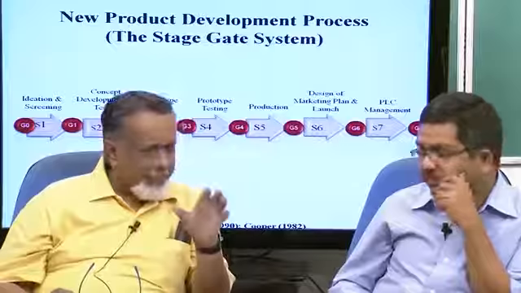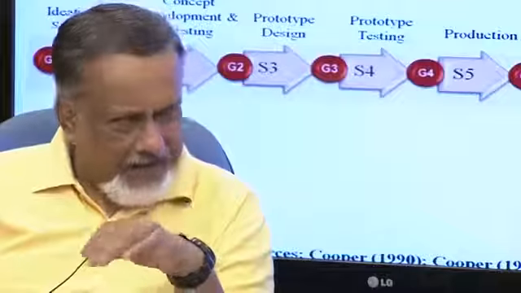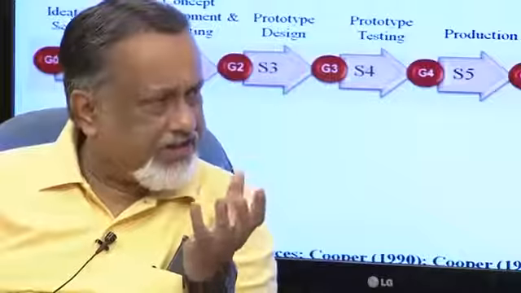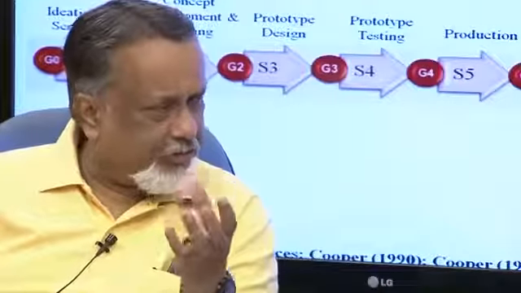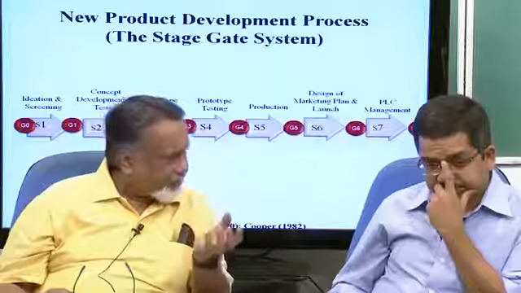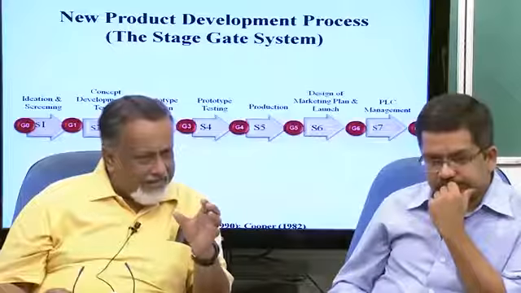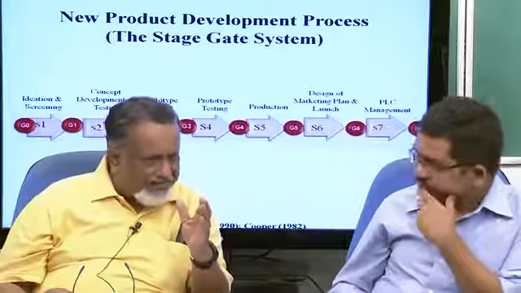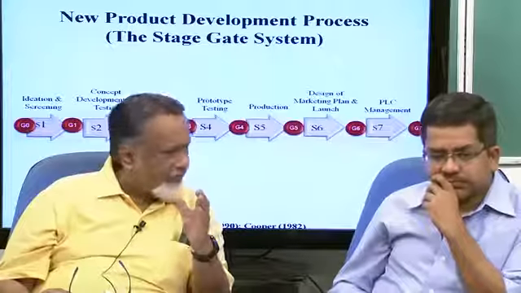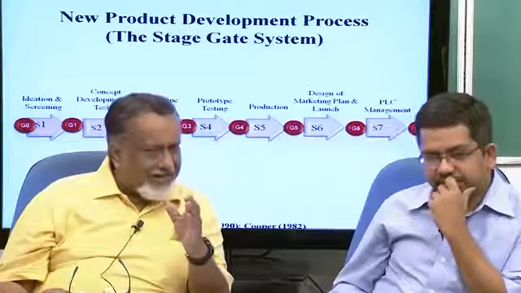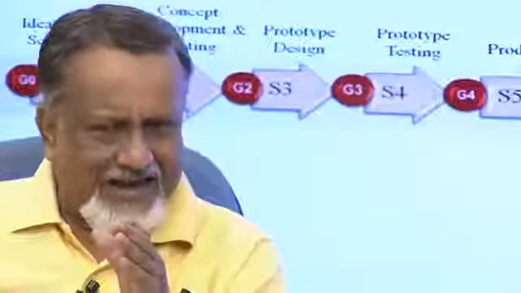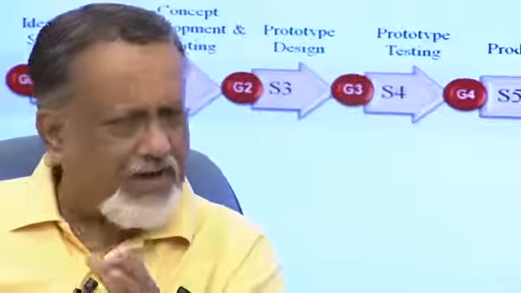Now, here I was just going to say that in the product management literature, stage 1 on this diagram, which is ideation and screening, has been expanded, and that has been called the so called fuzzy front end of new product development, or fuzzy front end of innovation. The reason being that from the second stage, that is when you have a concept which is well developed and ready for testing, it can be managed as a project, as a somewhat linear process.